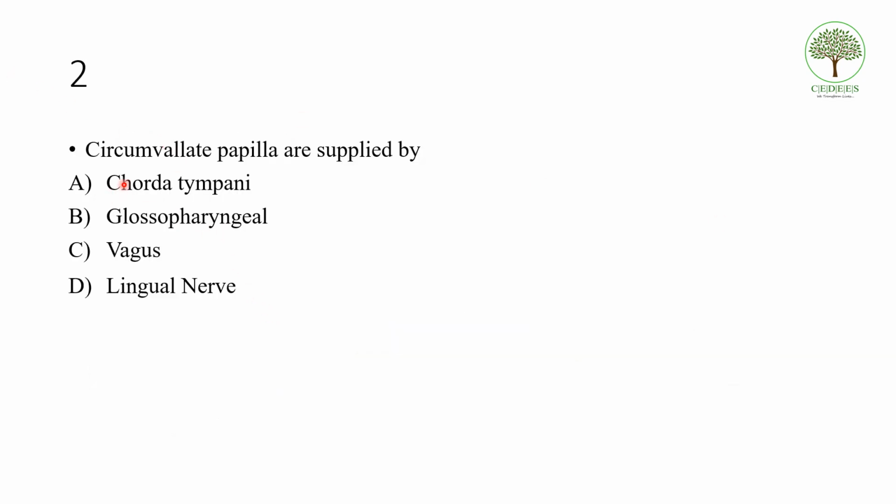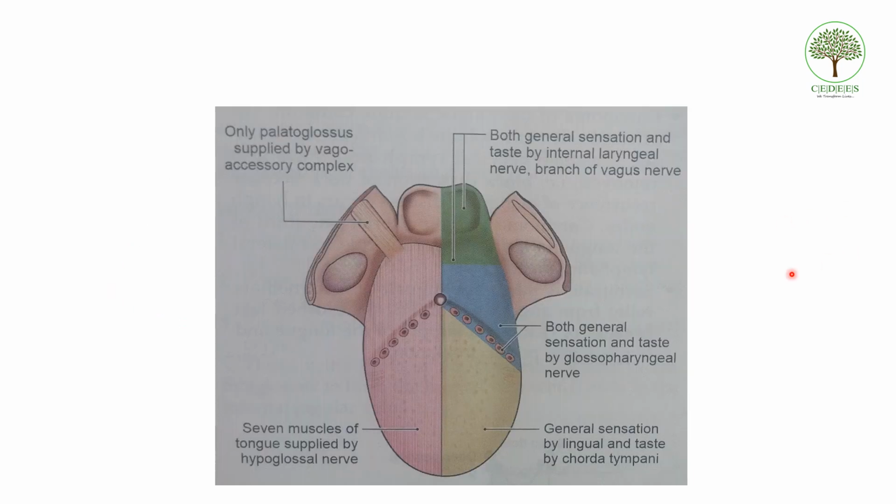Coming to the next question: circumvallate papillae are supplied by? The options are chorda tympani, glossopharyngeal, vagus and lingual. Look at this image. The tongue has general sensation, taste sensation and motor supply also.